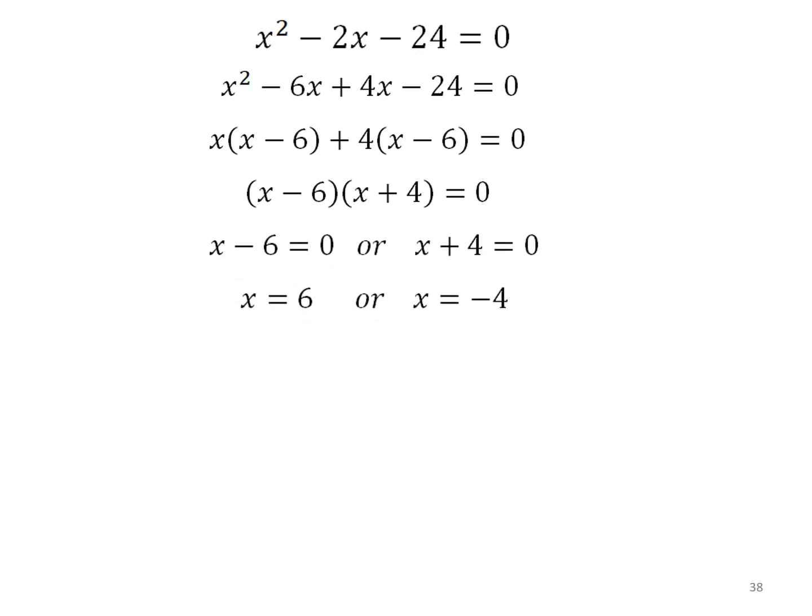On splitting up, we get x minus 6 is equal to 0, or x plus 4 is equal to 0. x is equal to 6, or x is equal to minus 4.